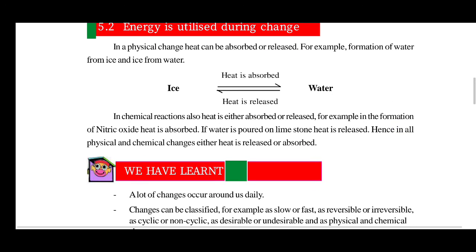For example, in the formation of nitric oxide, heat is absorbed. If we pour water onto lime, heat is released. Hence in all physical and chemical changes, either heat is released or absorbed. So energy is utilized during these changes.